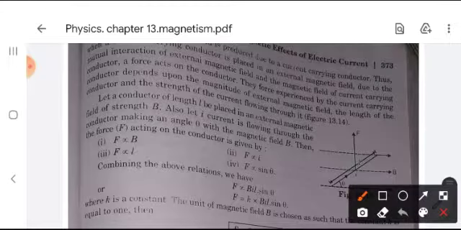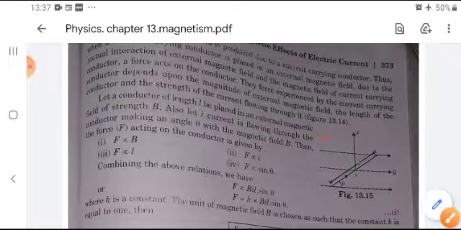So what happened? Let a conductor of length L be placed in an external magnetic field of strength B. All these things that I have told here are written down in this topic.